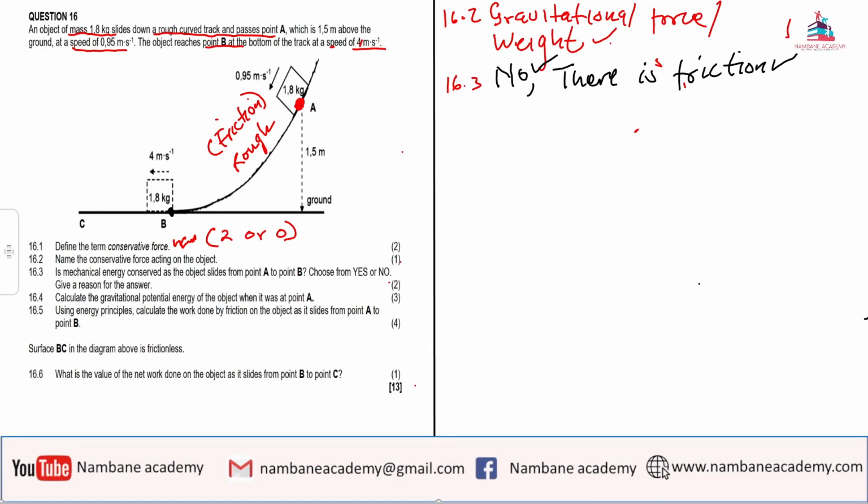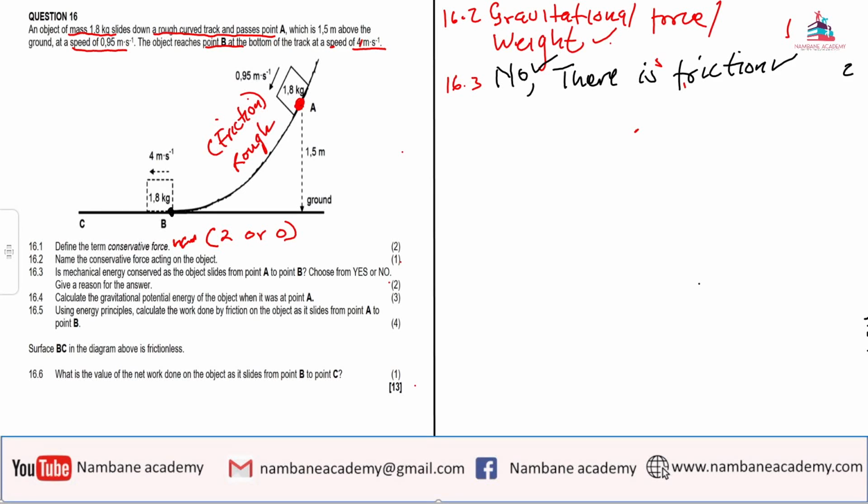So at times we need to be sure of the answers that we are giving. By saying there's a non-conservative force, I will argue it and give you a mark because friction is a non-conservative force. But it is wise and advisable to say exactly which non-conservative force is there. So that will give you the nice 2 marks.